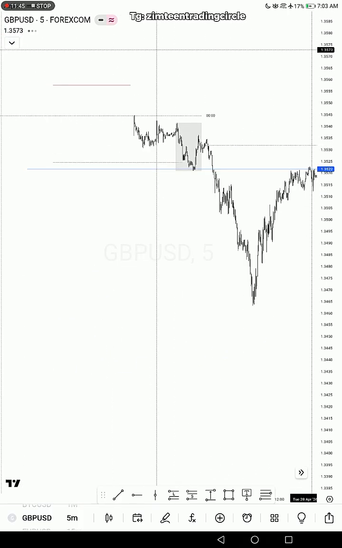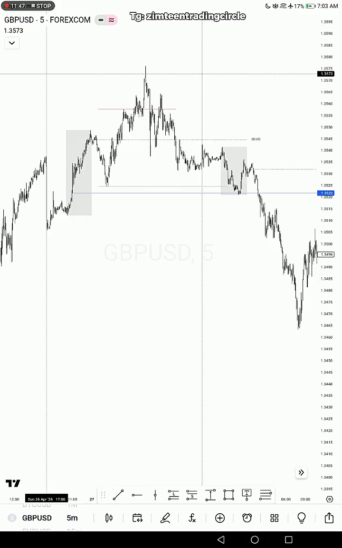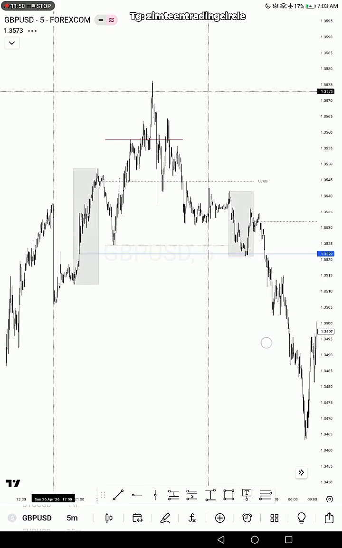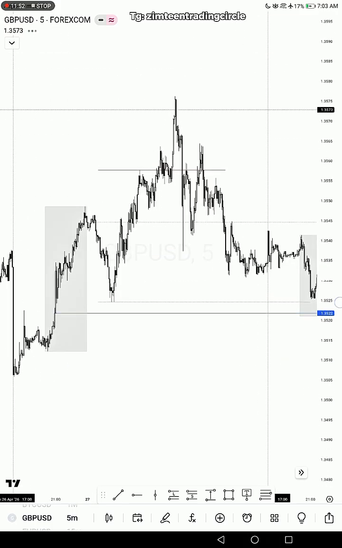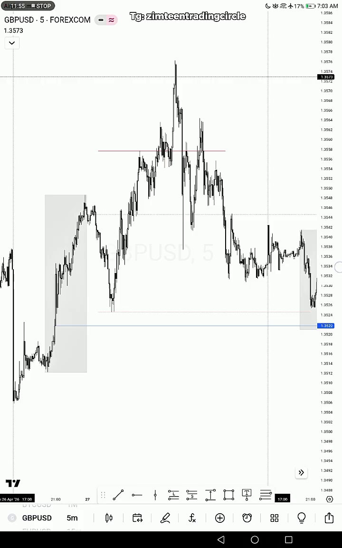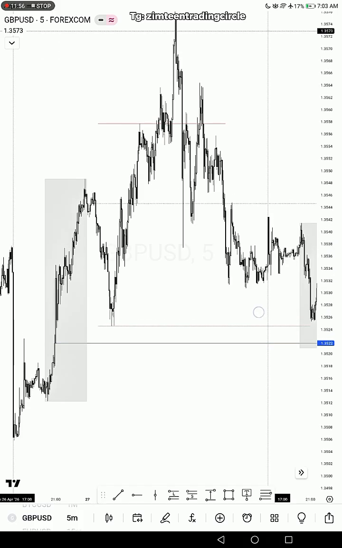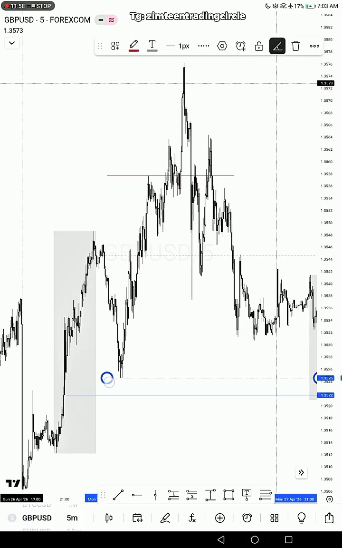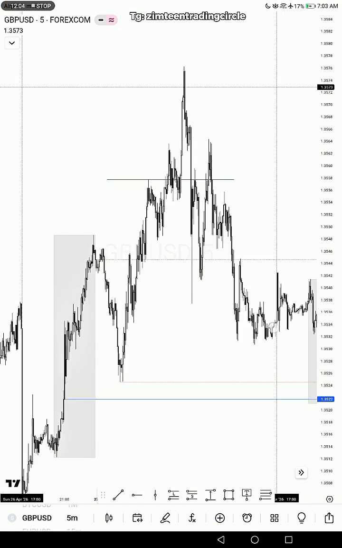Okay, here we are on the 5-minute time frame, and Monday price action offered us a nice close below order block, but it wasn't retraced.